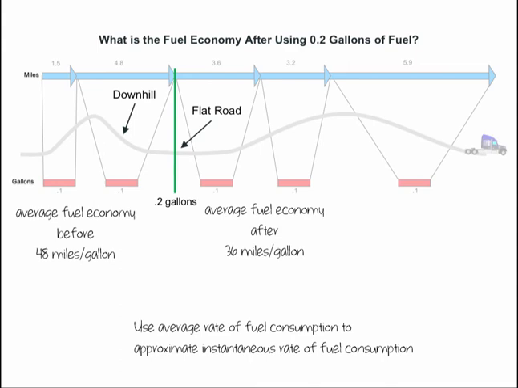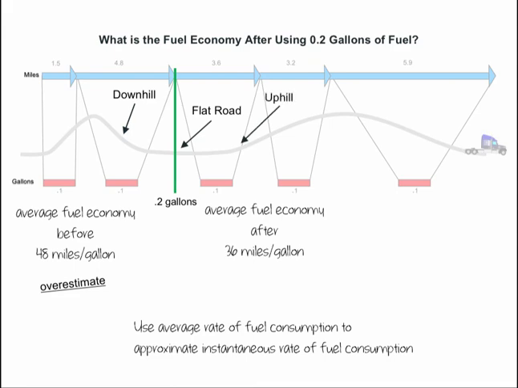Right before the 0.2 of a gallon mark, the road is a downhill. This tells us that the truck should be traveling further for each gallon of gas. This tells us that the average rate of fuel consumption right before the 0.2 of a gallon mark is an overestimate of the instantaneous rate of fuel consumption at the 0.2 of a gallon mark.